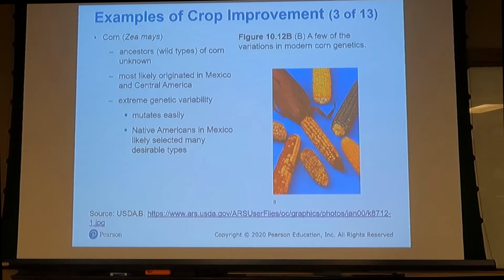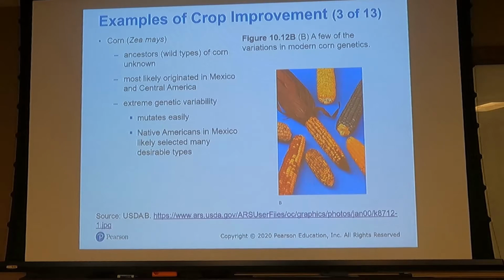Corn is probably the one we're most familiar with. It comes from teosinte. So corn probably originated looking like this, very multicolored, and now we have cultivated or domesticated that into something very uniform.